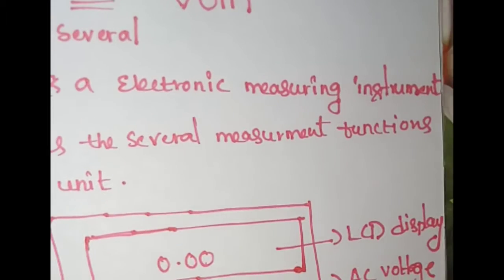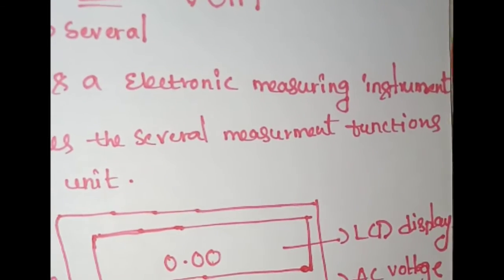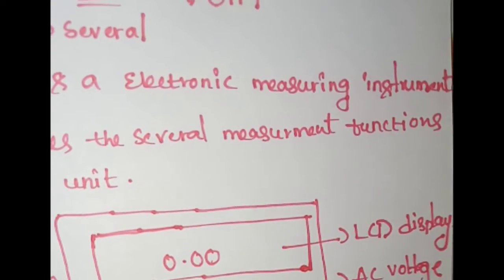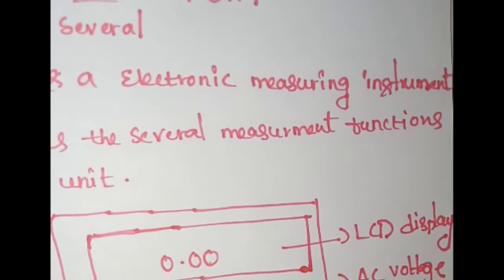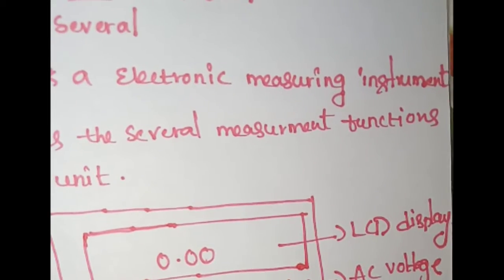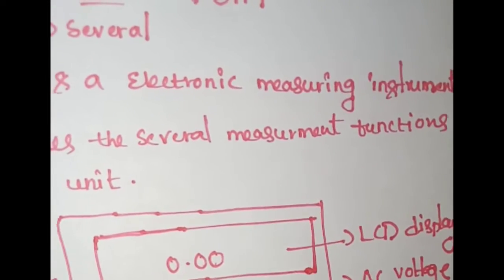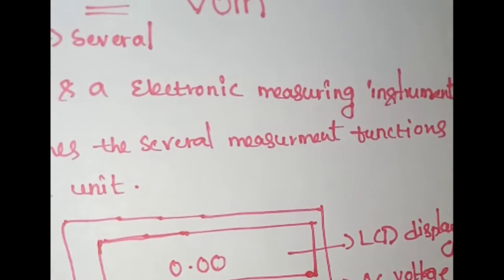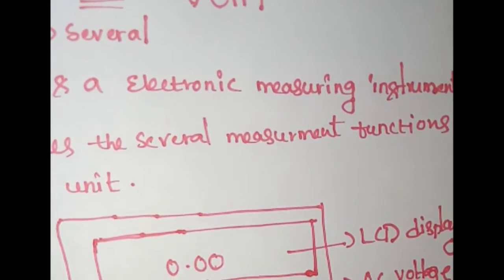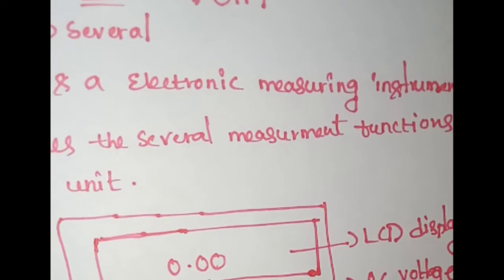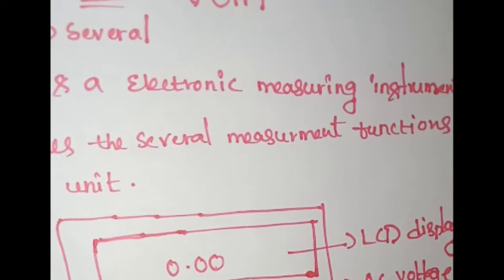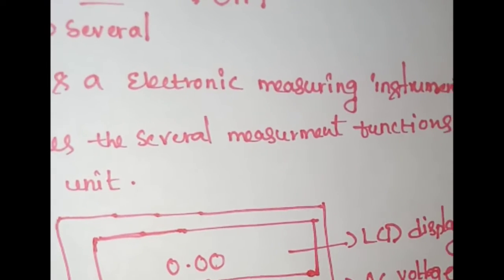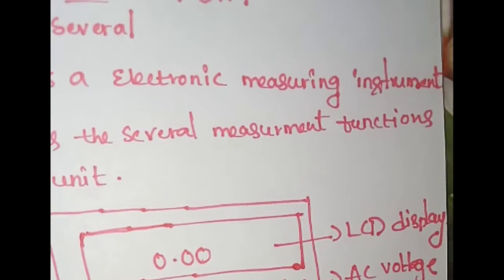Transistor beta value find out. In a multimeter, the pulse symbol is used for pulse generators. You can find the pulse generator, how much pulse there is, using this one.